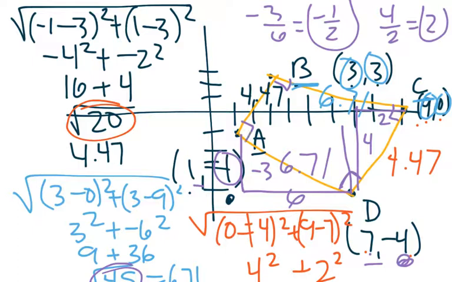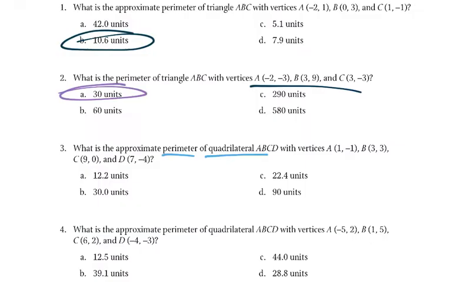So that would actually be a rectangle. Opposite sides are equal, and that. But to find the perimeter, because that's really all we're doing, we'd go 4.47 plus 4.47 plus 6.71 and 6.71, and we'd get about 22.36, which would be about C.